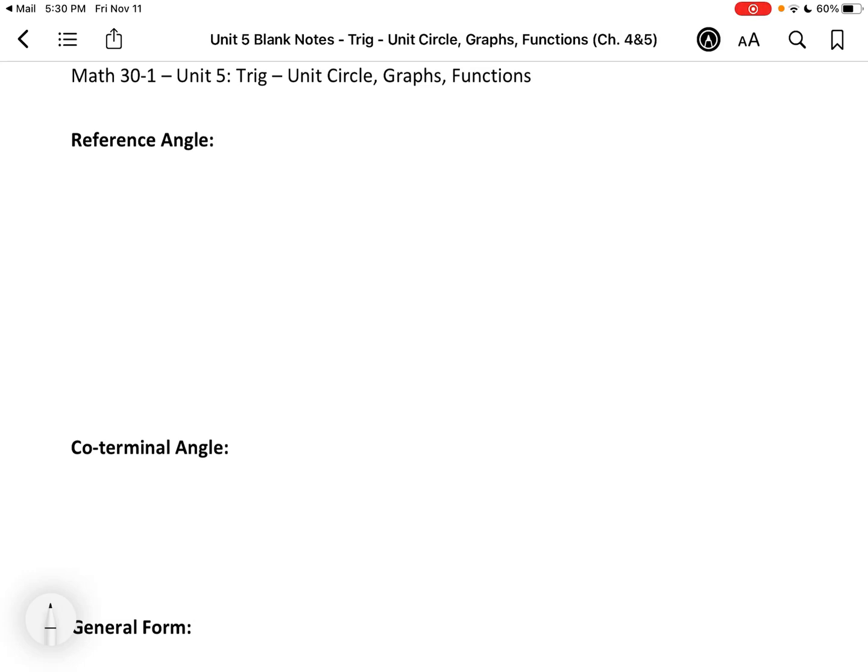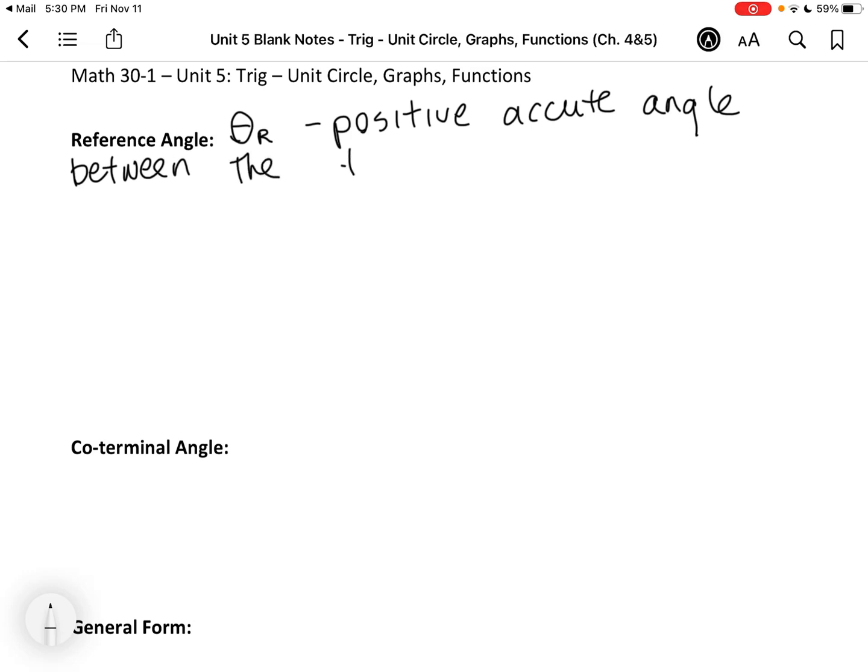But the reference angle for any angle in standard position, I like to call it theta R, or some people call it RA for reference angle, is the positive acute angle between the terminal arm and the x-axis.